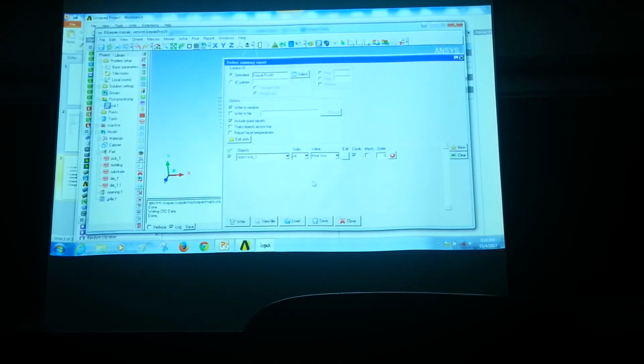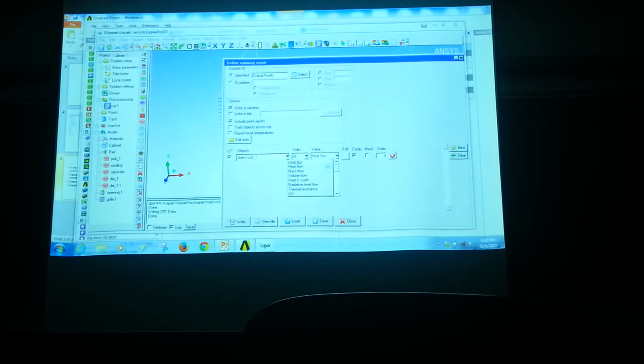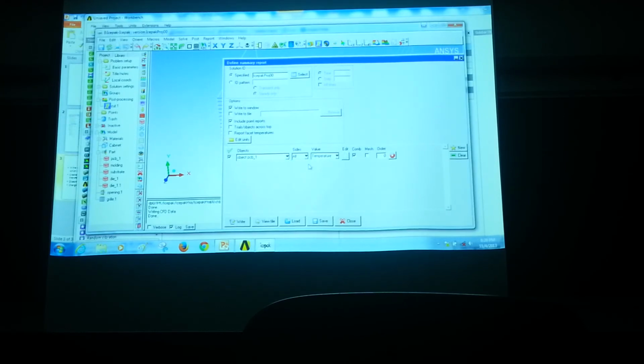Summary report. So what it should be here is temperature, right? If I look at the temperature, the best it's going to give you is whatever the temperature of the die is. That's what I'm expecting.